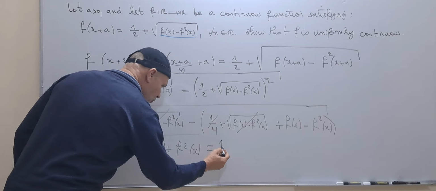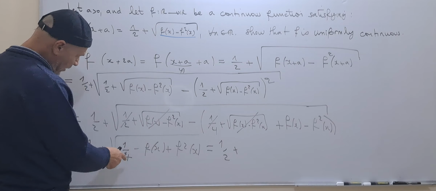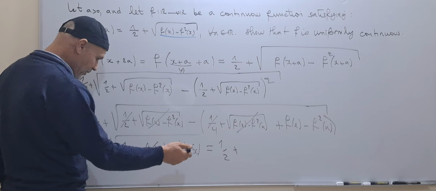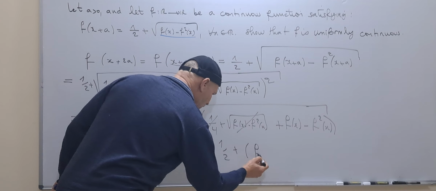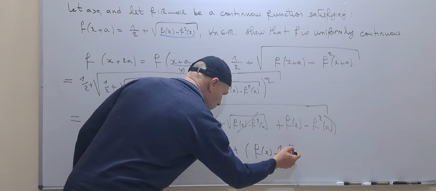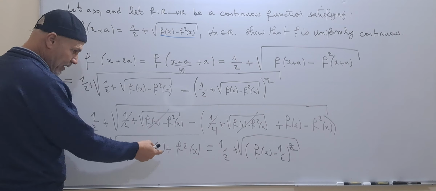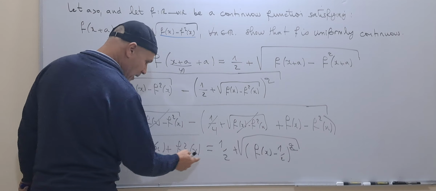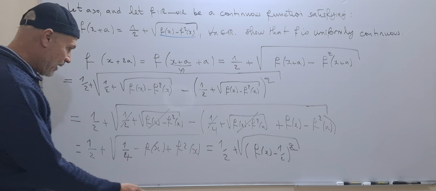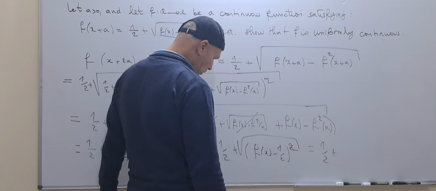This is equal to 1/2 plus the square root of, this is actually, f of x minus 1/2 squared. Let us verify. This is f square minus f of x plus 1 over 4.